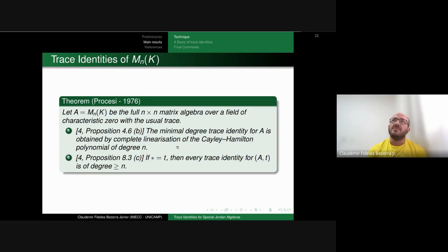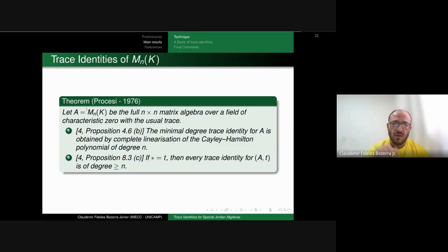In this case, Procesi proved that any trace identity for matrices follows from the Cayley-Hamilton polynomial of degree n. Of course, the degree n is the order of the matrix.